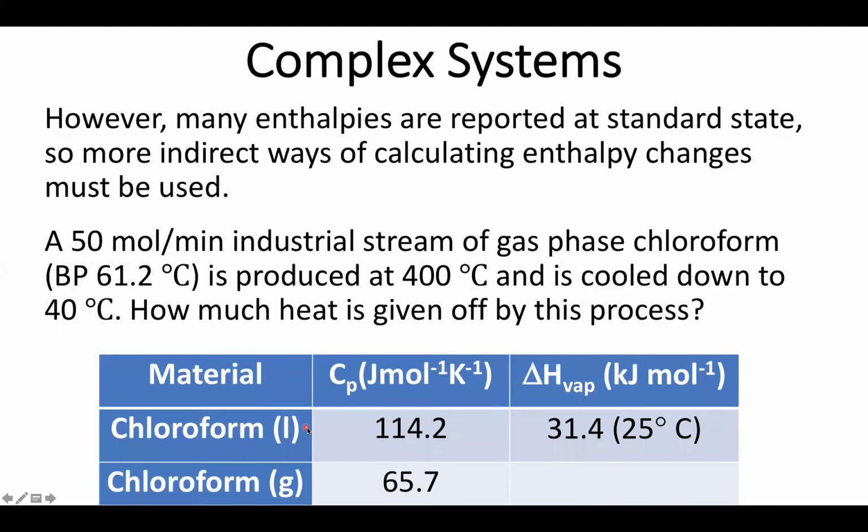So again, big things I'm going to end up needing is the heat capacity of liquid and gas. And it turns out now I'm actually in a little bit of trouble, because my enthalpy of vaporization isn't given at this 91.2, it's given at standard state of 25.